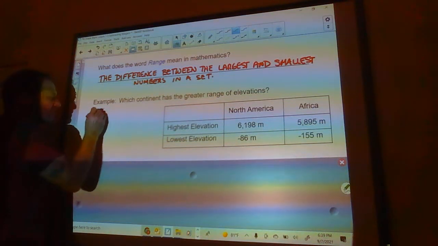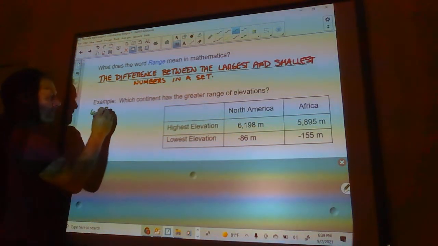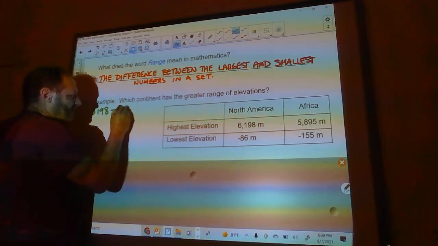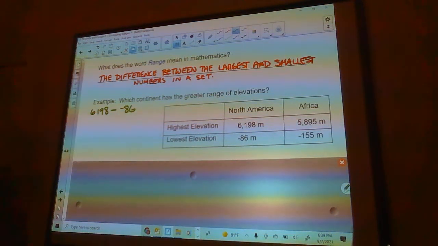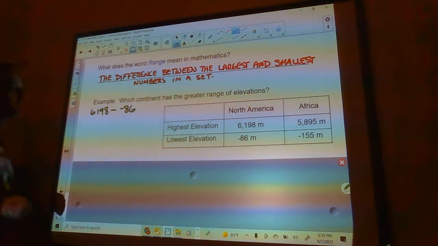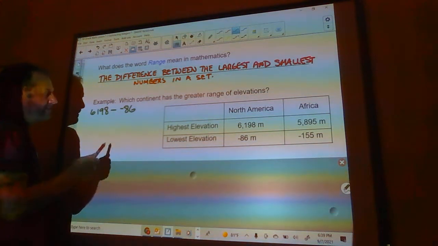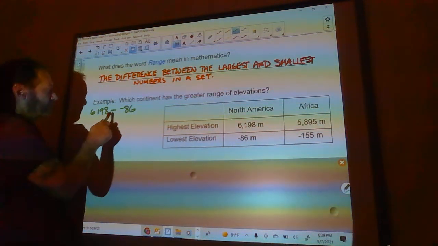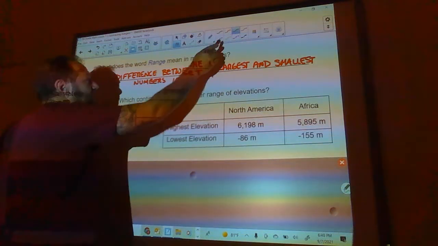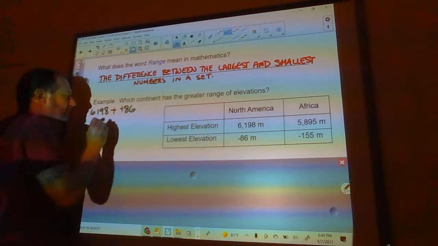So 6,198 minus negative 86. Now be careful that you don't add those. You want to subtract it. So when I subtract a negative, this becomes plus a positive.